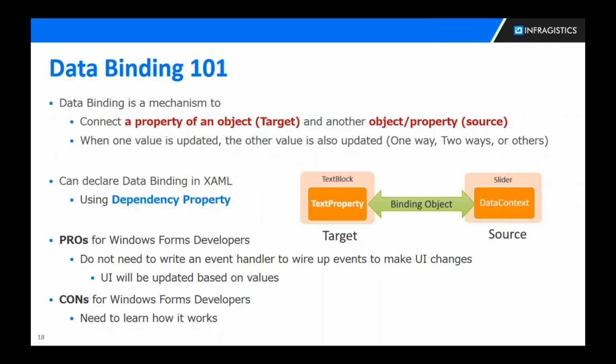For example, in Windows Forms, you may have code where, when the user clicks or checks a radio button or checkbox, you hide or show some of your UIs on the same screen. You may be able to achieve that without writing the code, just by setting up the data binding. So the UI will be updated based on values or data.